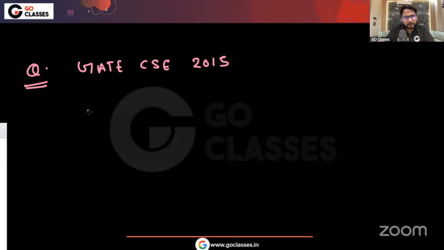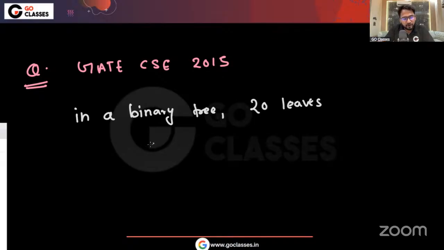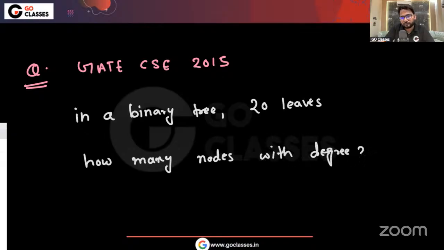They are saying in a binary tree, they are not saying full tree, there are 20 leaves. Then they're asking how many nodes are having degree 2?